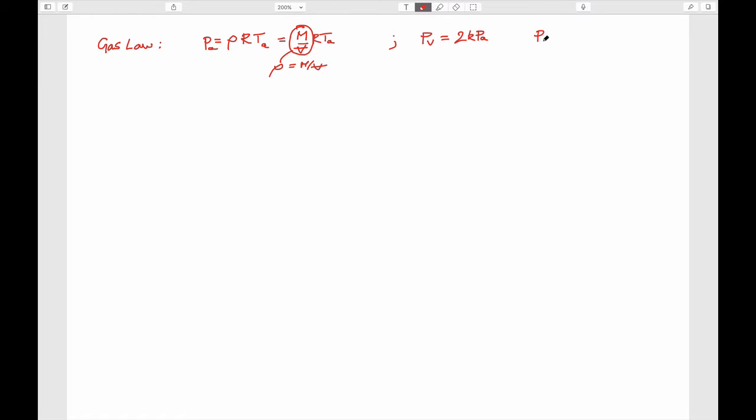Atmospheric pressure, as opposed to absolute, is about 101 kPa as an absolute pressure, but it's obviously zero pressure as a gauge pressure, and you know those differences. So you've seen that before, so I think you're familiar with that, I hope. Okay, so that's maybe stuff from your previous existence, but you know that stuff.